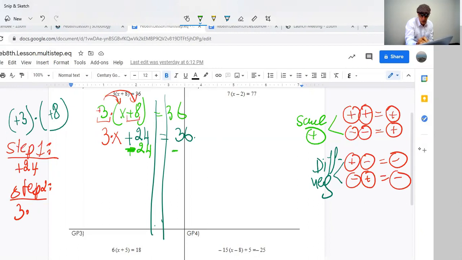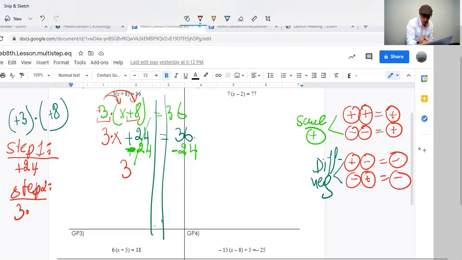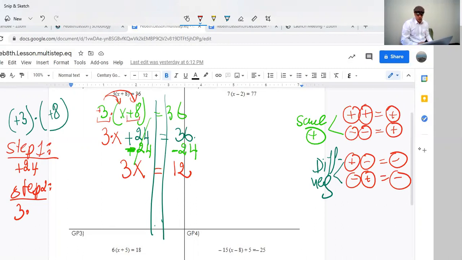Whatever you do to one side, we repeat to the other side. On the left side is no thinking. We just cross it because the positive and the negative cancel each other. You get 0. What's left on the left side? Just the 3x. So the 3x equals, and 36 minus 24, we get 12. So we got rid of the 24. That was the first step.